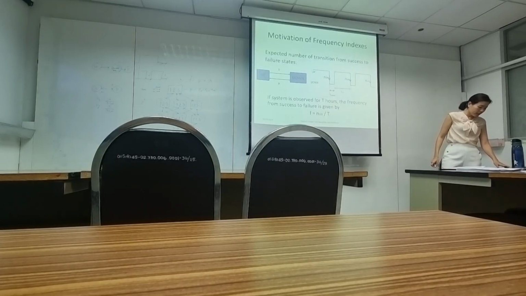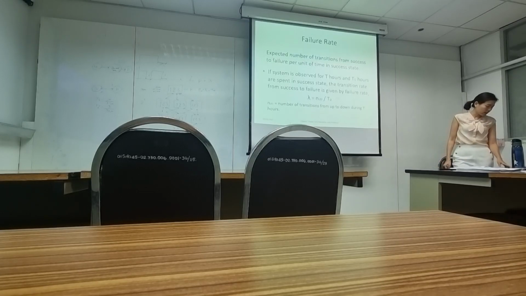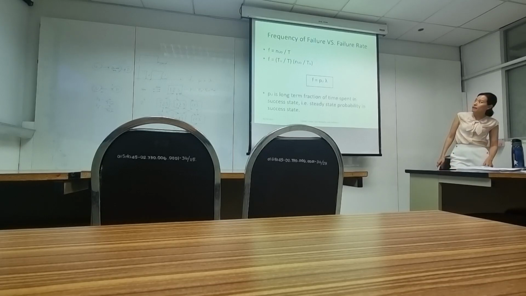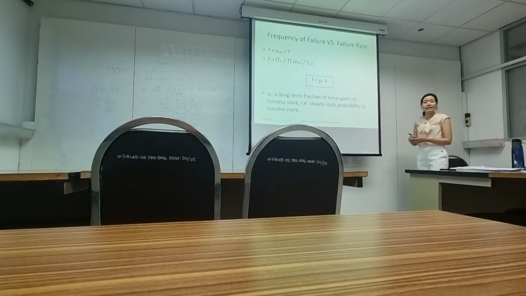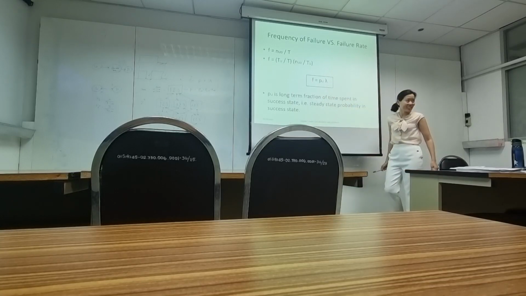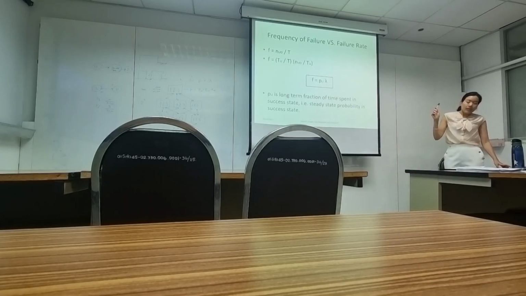So now let's look at the analytical method. This is the frequency of failure and the failure rate. This is the idea of how we can calculate the frequency: we multiply the probability by the transition rate.